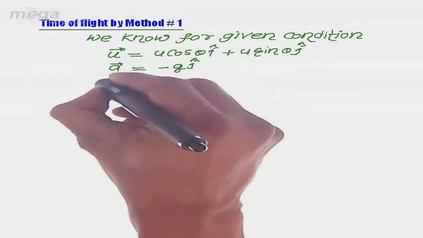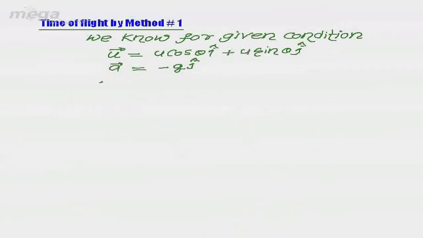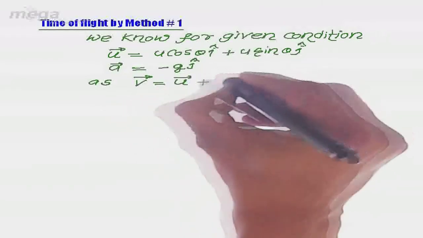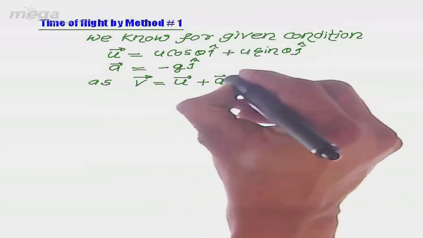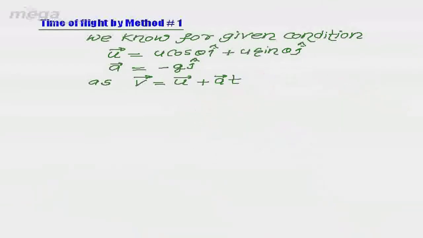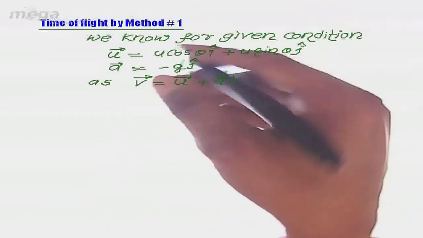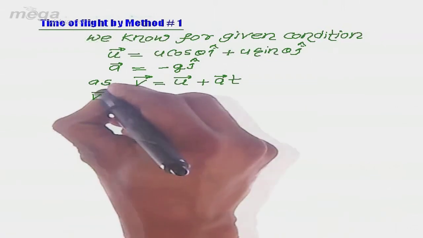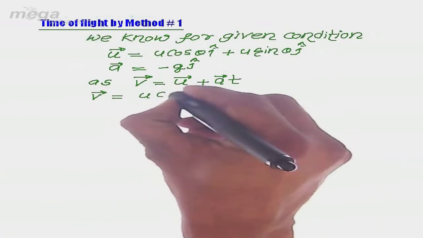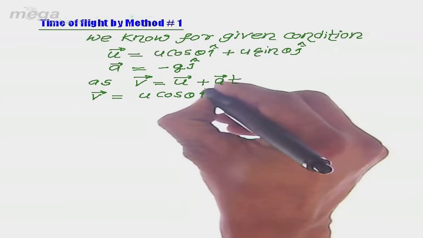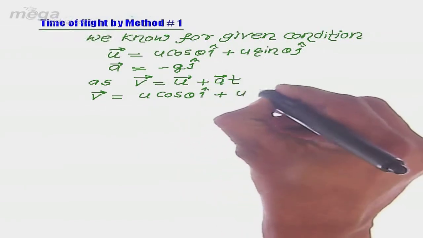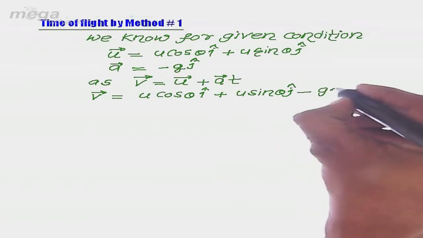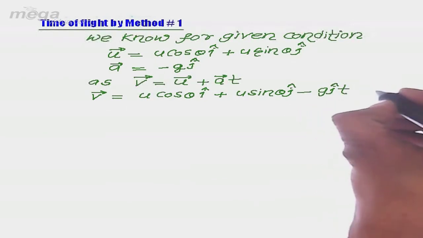Now, the equation which we will follow is v equal to vector u plus vector a into time. If we use the above values in this equation, then we get v equal to u cos theta i cap plus u sin theta j cap minus g j cap into t.